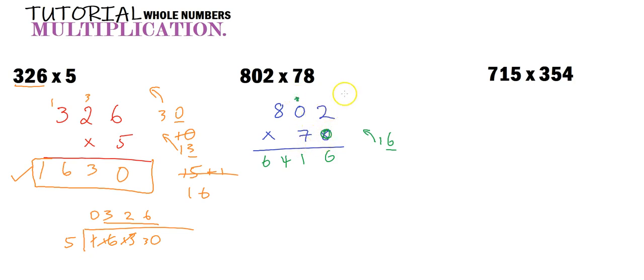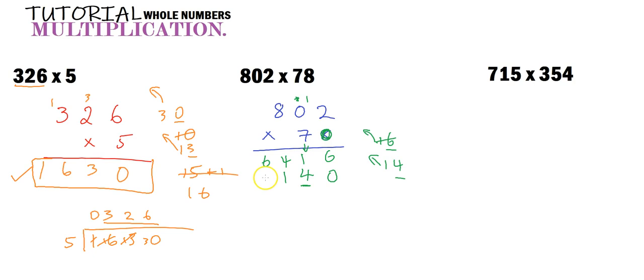So we start putting the answers to the digits right underneath the digit we're multiplying. Okay, so the next answer will go here. You can think of it as this is a 0, so put a 0 here to hold the place. Either way, they work. Okay, so 7 times 2 is 14, right? So 4, that goes here, and the 1 gets carried over. 7 times 0, that's 0, plus 1 is 1.